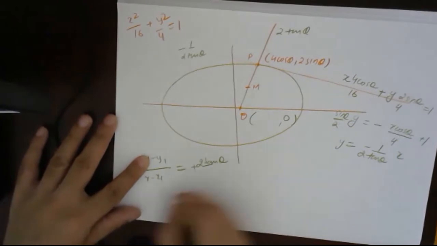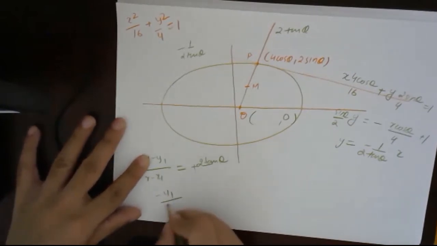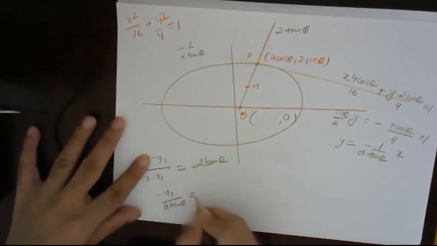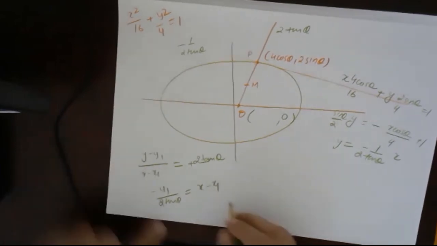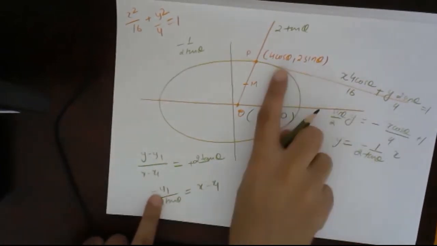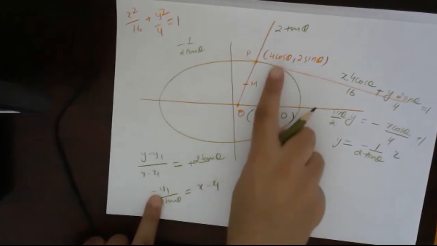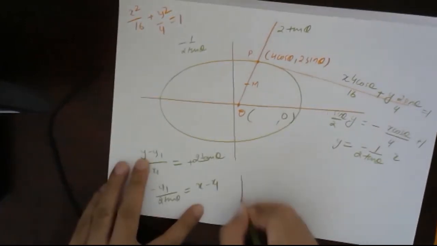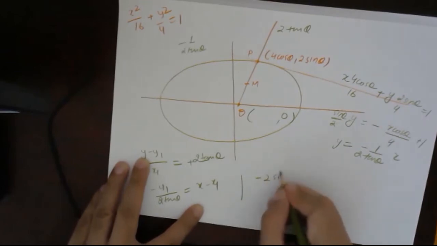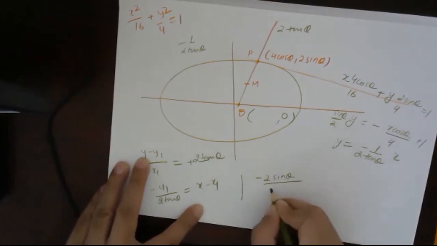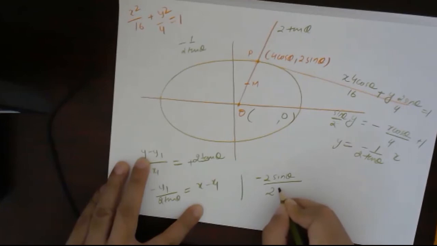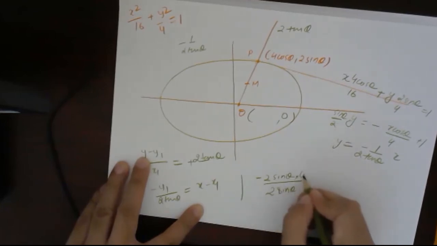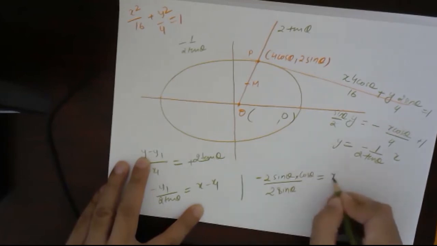So substitute y equal to 0. You will get minus y1 by 2 tan theta equals x minus x1. Here y1 is nothing but 2 sin theta. So this will be minus 2 sin theta upon 2 tan theta. Tan theta is sin theta by cos theta, so cos theta will multiply here, equals x minus x1.